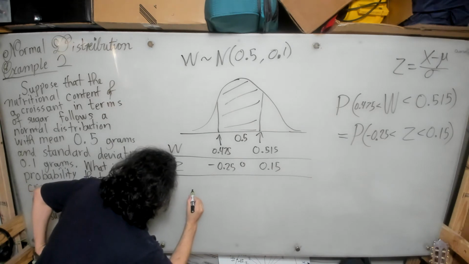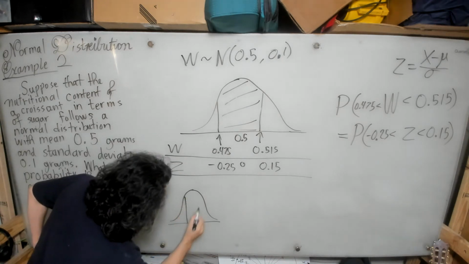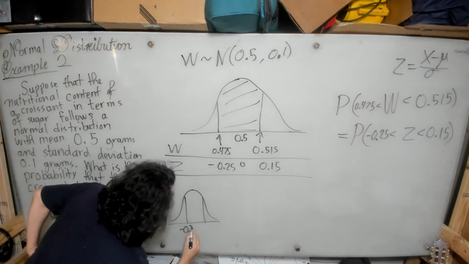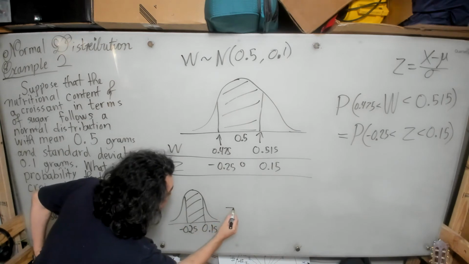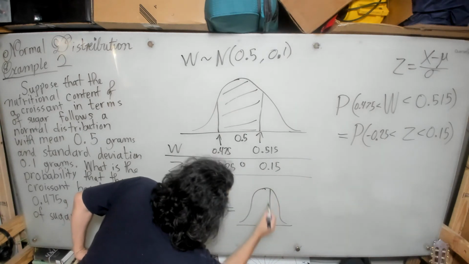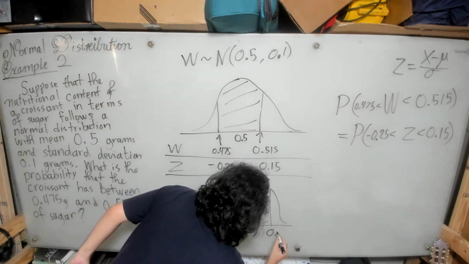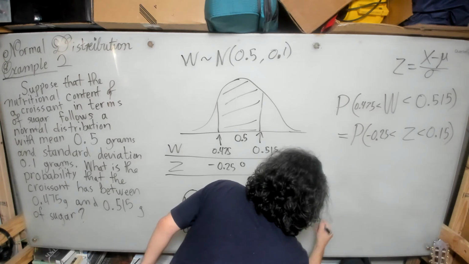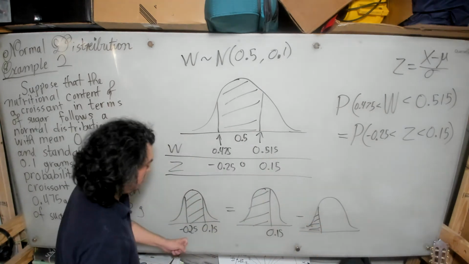So in other words, what I'm saying is this. The area of interest to us here, I'm going to just use the normal values, from negative 0.25 all the way to 0.15, this shaded area, is the same as the area under the standard normal curve to the left of 0.15, minus the area under the normal curve to the left of negative 0.25.